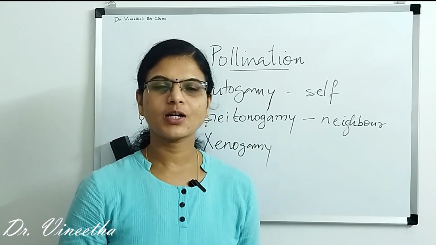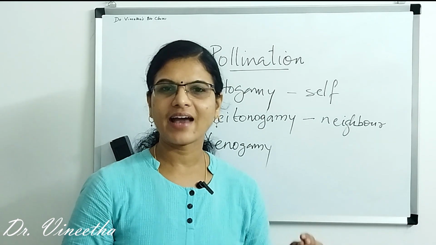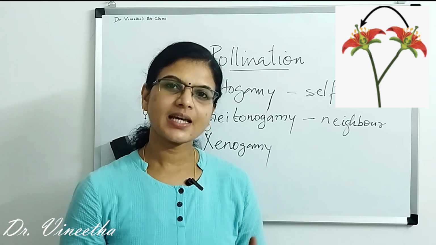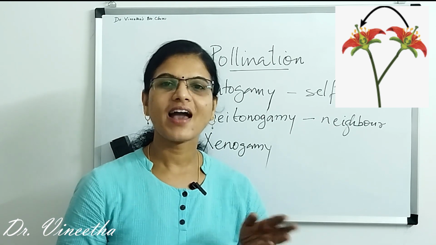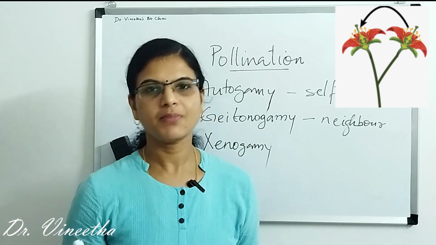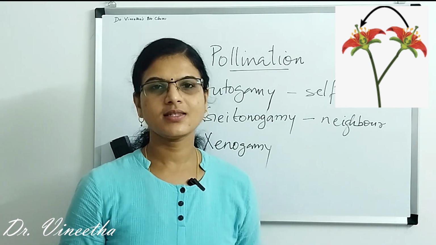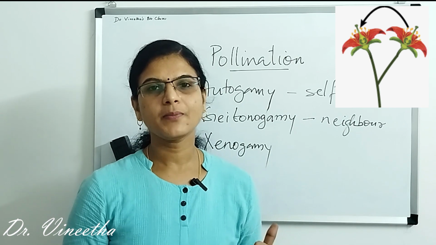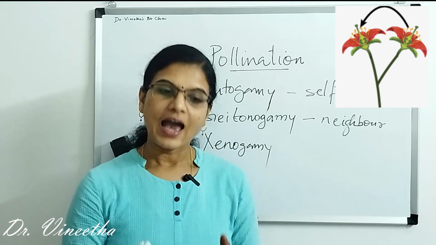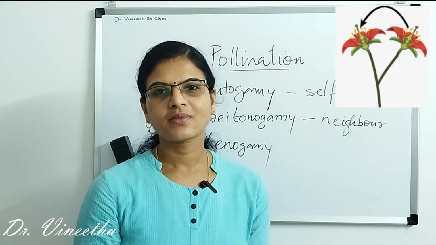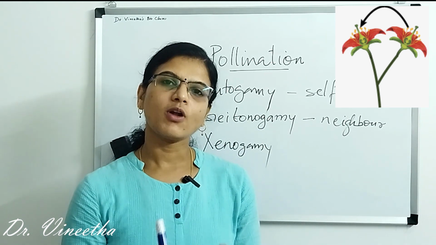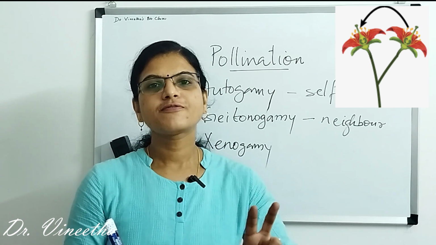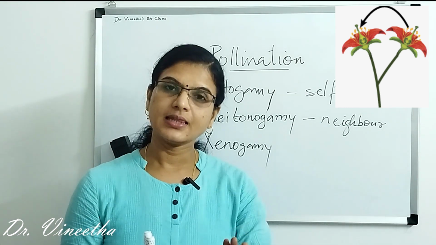In Geitonogamy, the pollen grains from the anther of a flower pollinate the stigma of another flower which is in the same plant. So the plant will be the same, but the flowers will be different. Unlike autogamy, where the plant and the flower were also the same, Geitonogamy is the pollination between the anther and the stigma of two different flowers in the same plant.